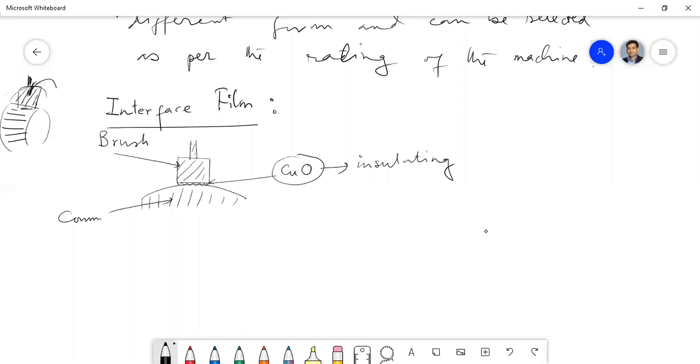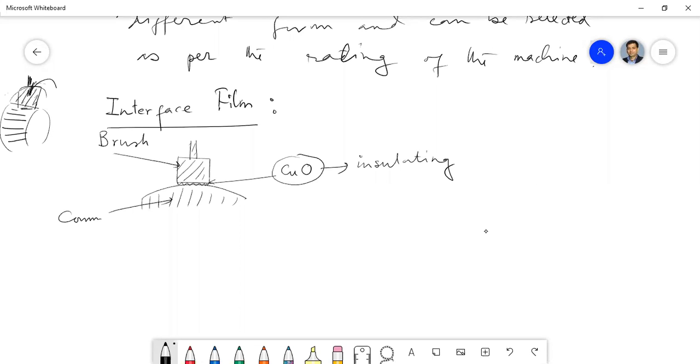Okay, so now let me discuss this, because you don't know this, I know, because it is not there in most of the literature. Now the thing is, every time the cupric oxide is formed between these two surfaces, the carbon and the copper, every time it is formed and every time it breaks down.